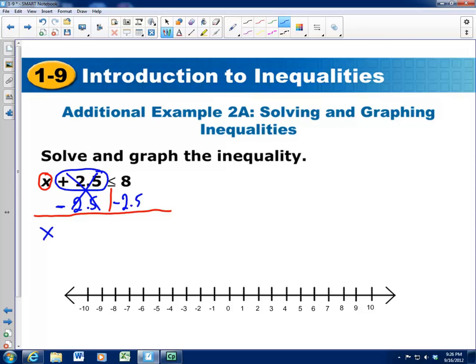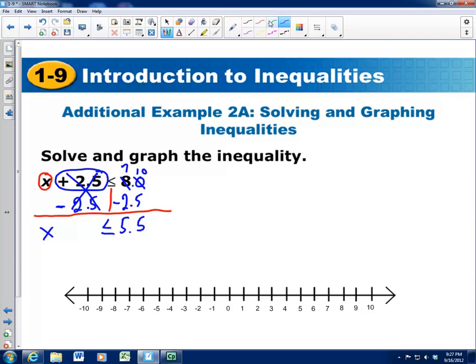And then I have my x is less than or equal to, I'm going to add a decimal here behind my 8 and a 0. Remember, whenever you subtract or add decimals, you need to line the decimals up. So once I have those, now I'm going to subtract like I normally would, which leaves me with 5.5. Okay, so I know that x is less than or equal to 5.5.